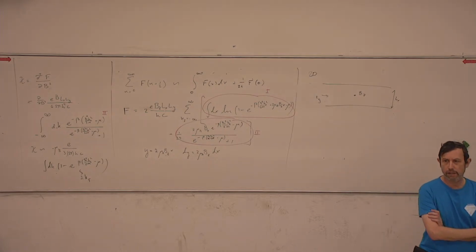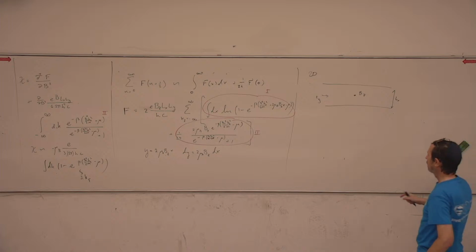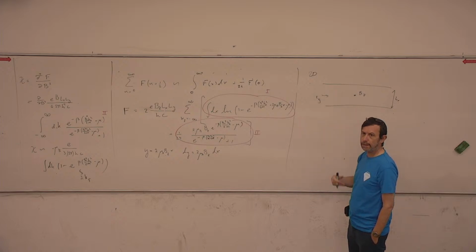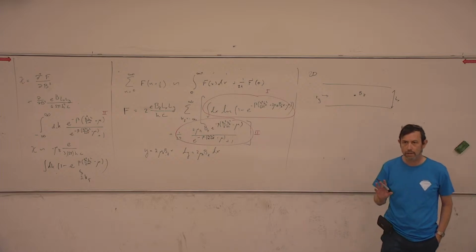So let me ask, for a very weak electric field, do we expect any current? Now I'm considering it classically.